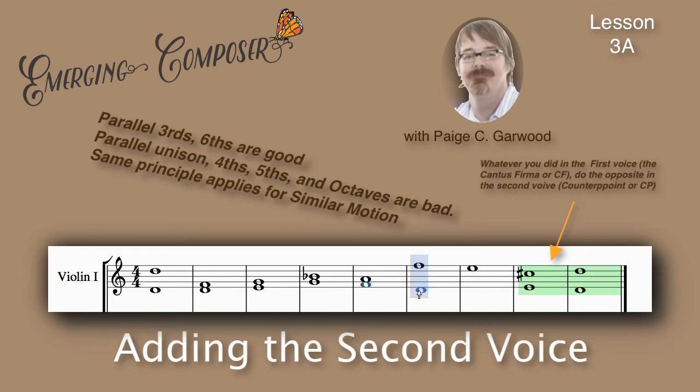Now, honestly, I'm going to go down to a C here, only because I can. Now, that's more than an octave between this C and that F. But I'm going to be transferring this part to another instrument, so I'm going to call that okay right now. Generally speaking, you want to keep it within an octave. And if there were just two voices, that's what I would do. But I'm going to go to a C here.